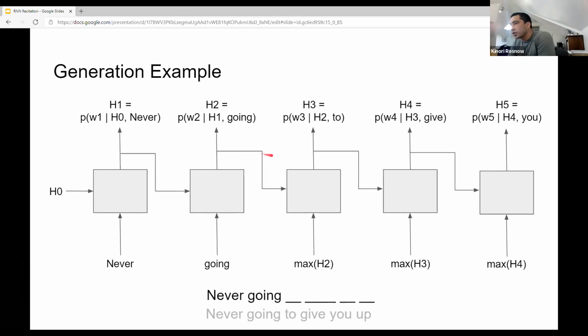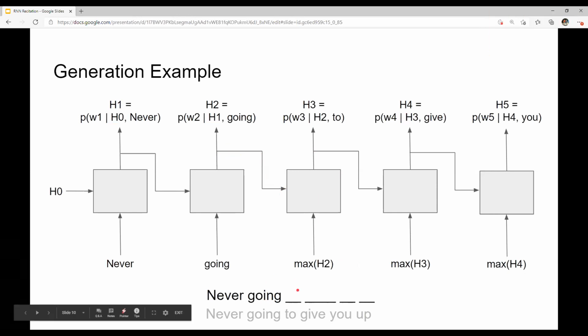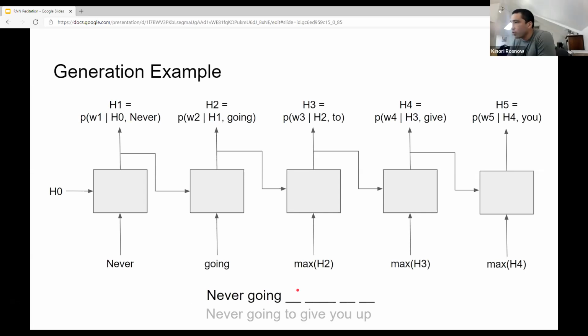So the question was, is there a problem that could arise by trying to take the max of this hidden state, and that word is wrong? Oh yeah, got it. This is basically a greedy search, so it may not be optimal.